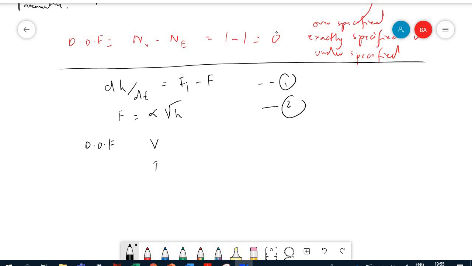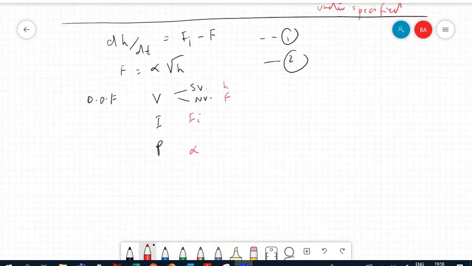If I want to apply now the degree of freedom, where I have my variables, as the state variable I have H, and for the normal variable I do have F, and for my input I do have Fi, and for my parameter I have alpha.